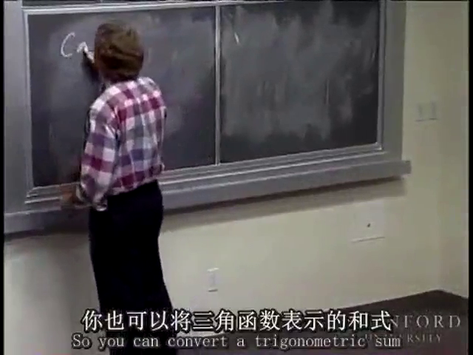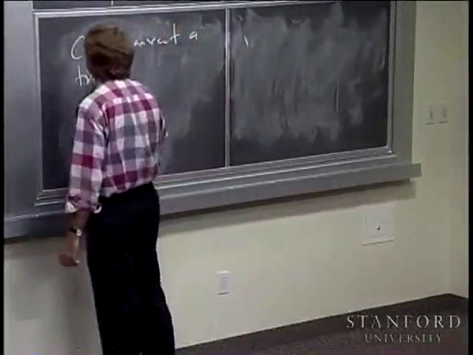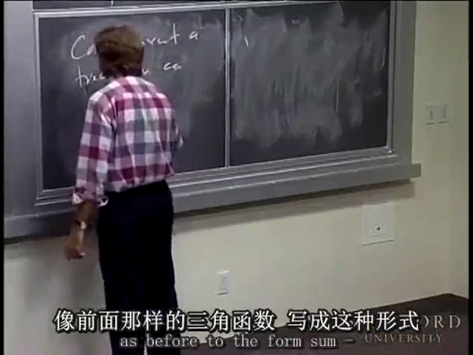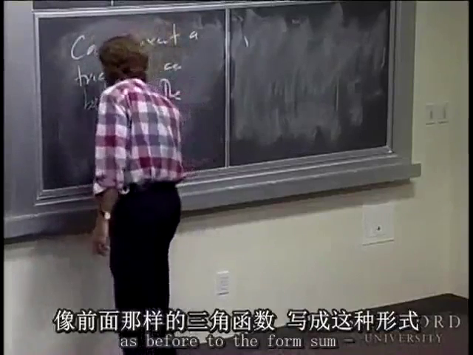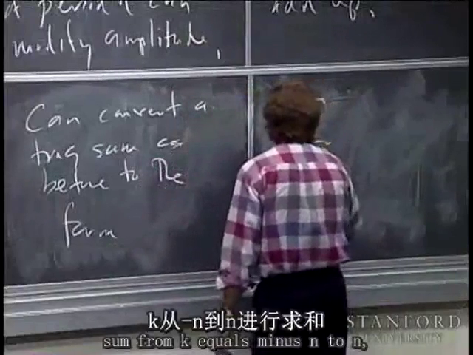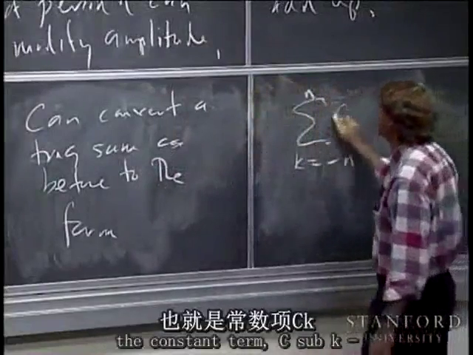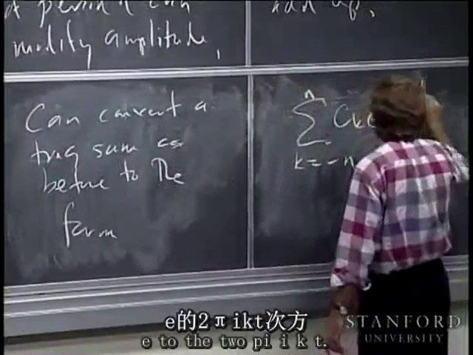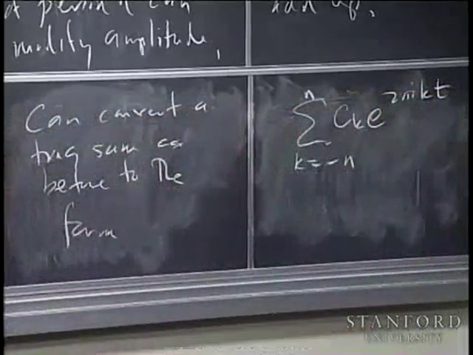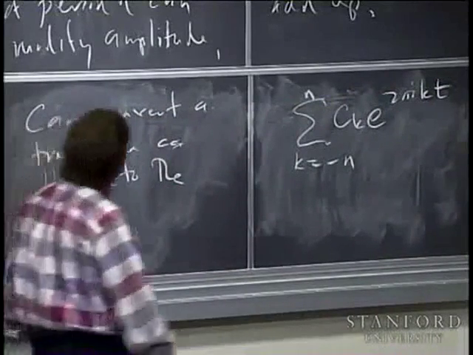So you can convert a trigonometric sum, as before, to the form: sum from k equals minus n to n, so it includes the 0th term, the constant term, of c sub k e to the 2 pi i kt. All right? Where now the c sub k's are complex numbers. Everything in sight is complex.